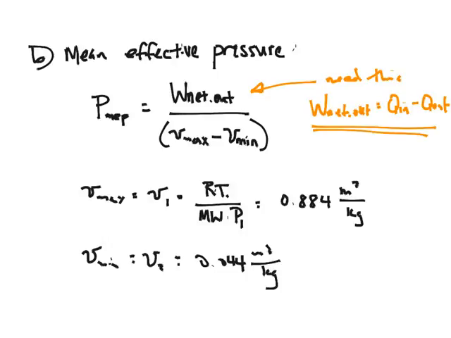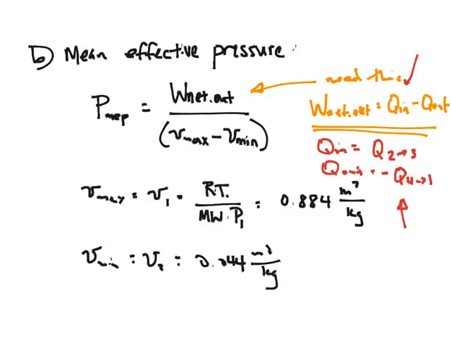A couple other things we can identify here. Q in: if we go back to our PV and TS diagrams, we see it's Q between 2 and 3. And Q out is going to be the negative of Q 4 to 1. That's because, remember, the Q from our energy balances have signs associated with them.